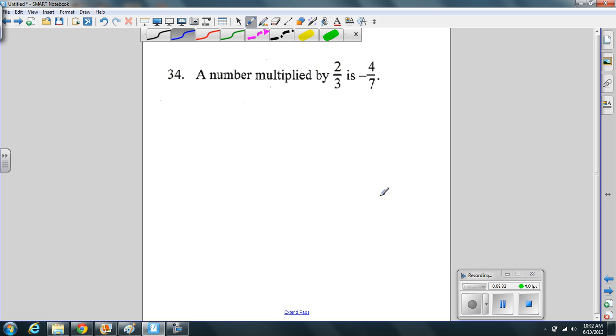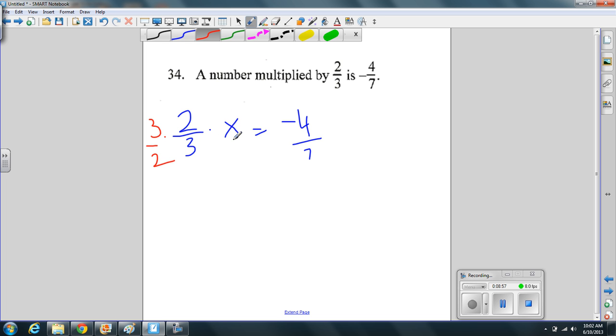Okay, a number, so let's call the number x, multiplied by 2/3. So 2/3 times x is equal to negative 4 over 7. So I'm going to use the reciprocal, 3 over 2. The reciprocal of 2 over 3 is 3 over 2.